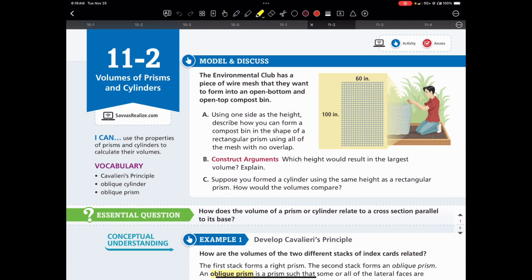They don't really go over all of the basic generic volumes of some solids such as cubes and pyramids. Now, they're going to touch base on it, but the authors expect you to have a basic common knowledge of this stuff. You should know what these things are. That usually comes from eighth grade math. It's part of the eighth grade curriculum, so they just expect that you come in knowing this.